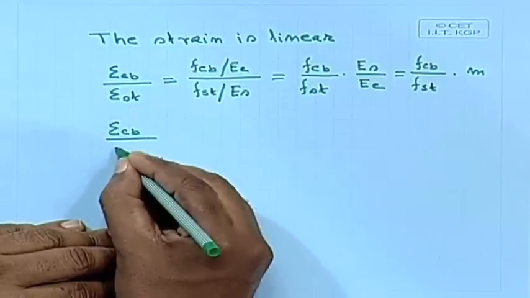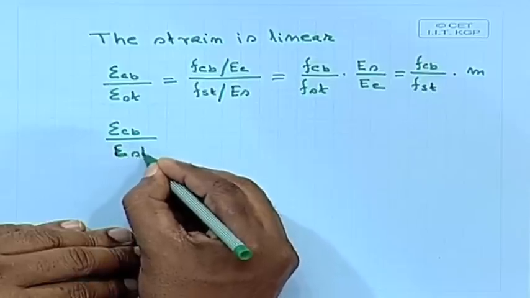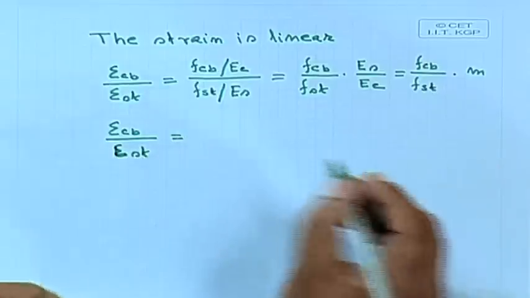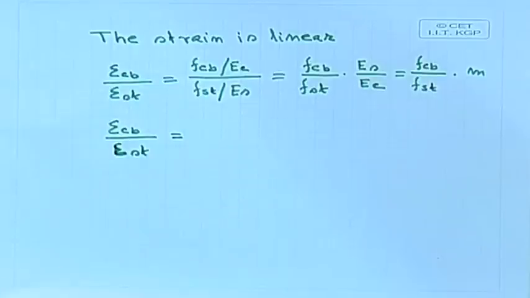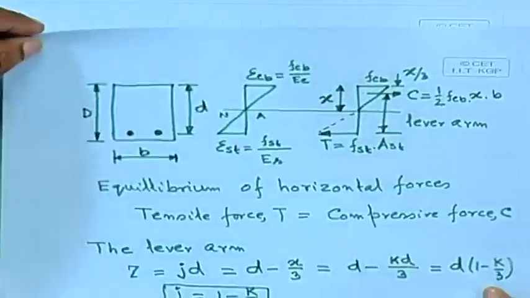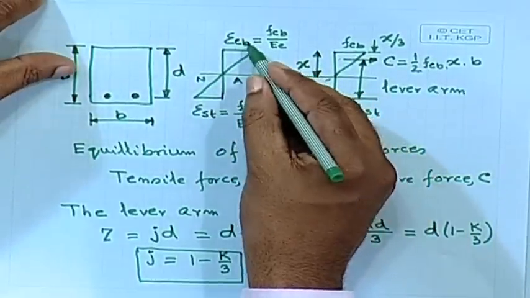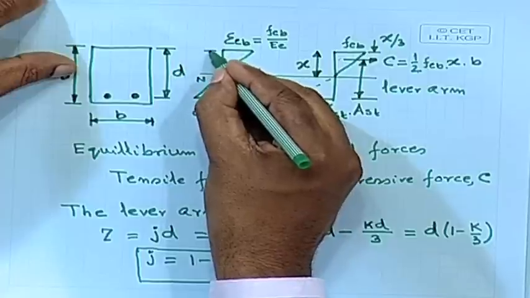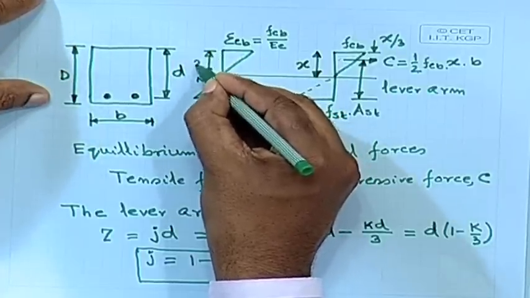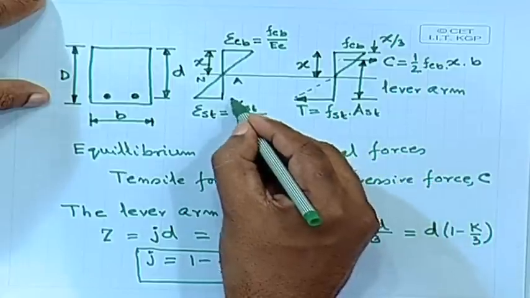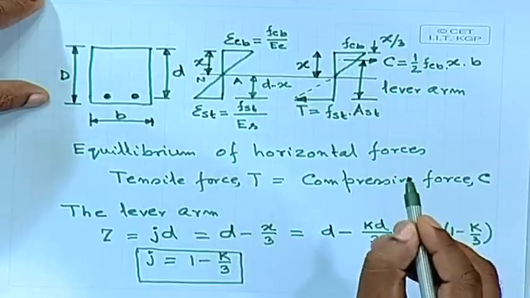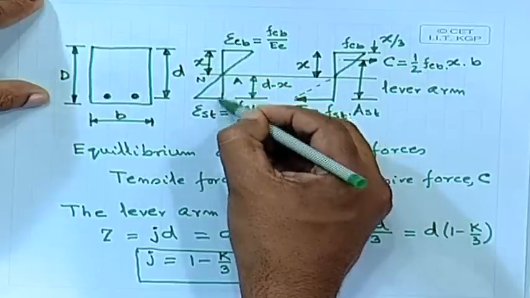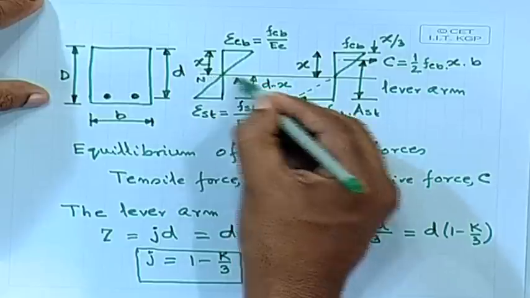Epsilon_cb by epsilon_st, if we go back, yes, if I show you here, this is your x, and this part is d minus x, because that is the total depth d, and this one x, and this is d minus x.